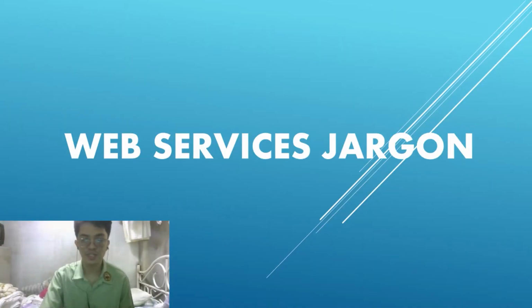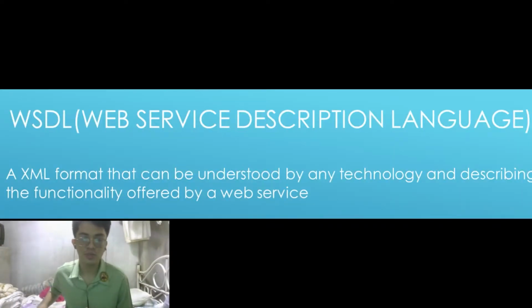Web Services Jargon. Ang una sa Web Services Jargon natin ay ang WSDL or Web Service Description Language. So, ang WSDL is an XML format that can be understood by any technology in describing the functionality offered by a web service. So, ang magandang example nito ay ang web service kunyari is in Java format.